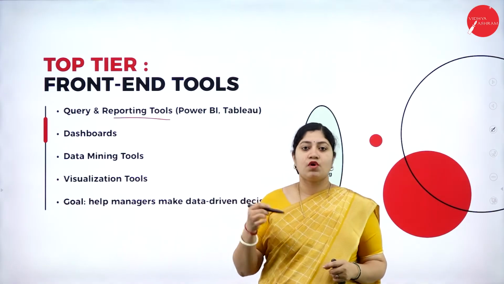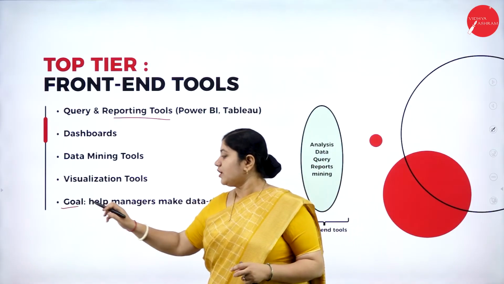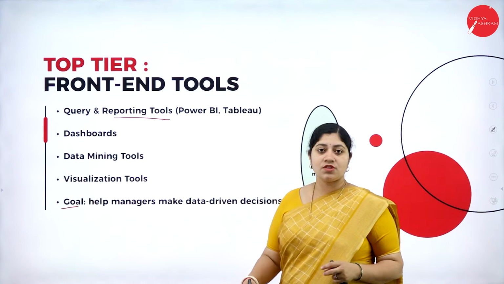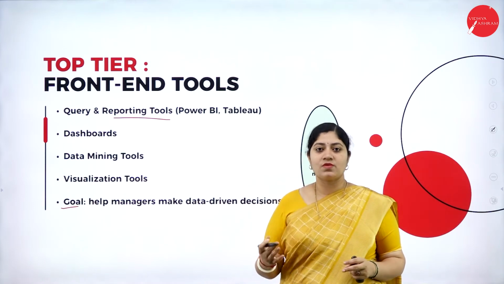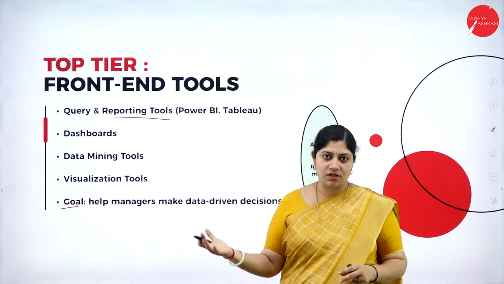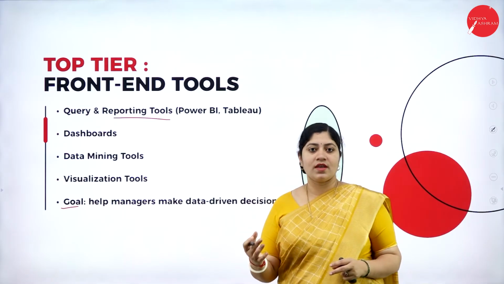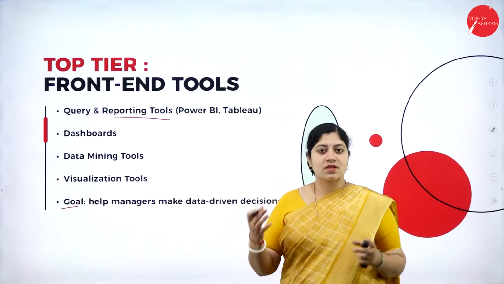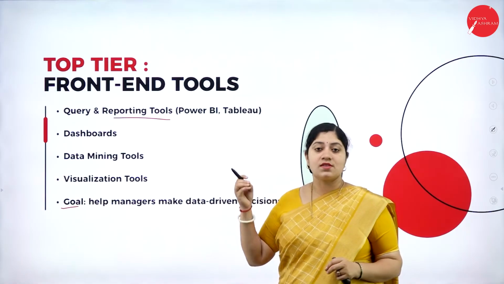And now let's see what is the main goal of this top tier architecture. It helps managers to take data driven decisions. Usually you might have observed the top management always have to take multiple decisions. Now for those multiple decisions, they can't take the decisions based on various criteria, correct? There will be something which is called data.